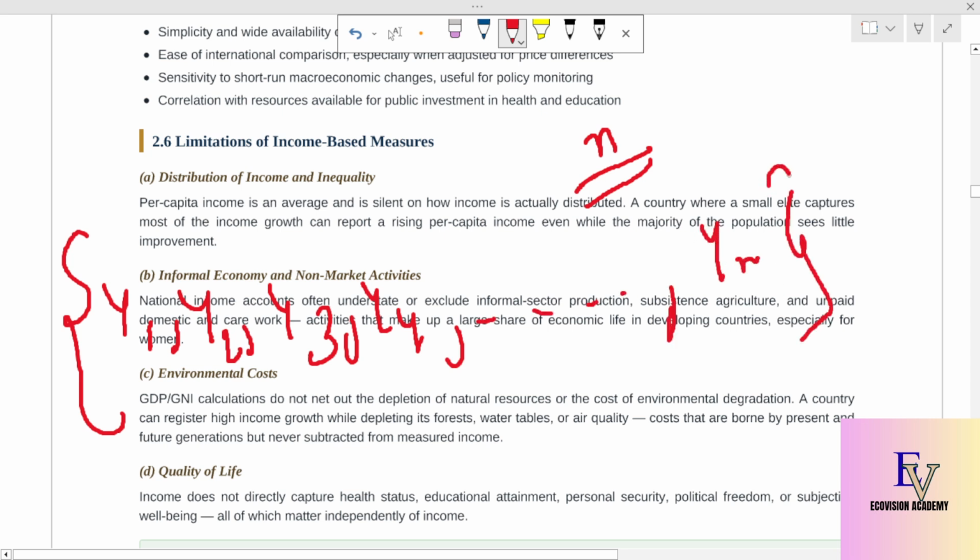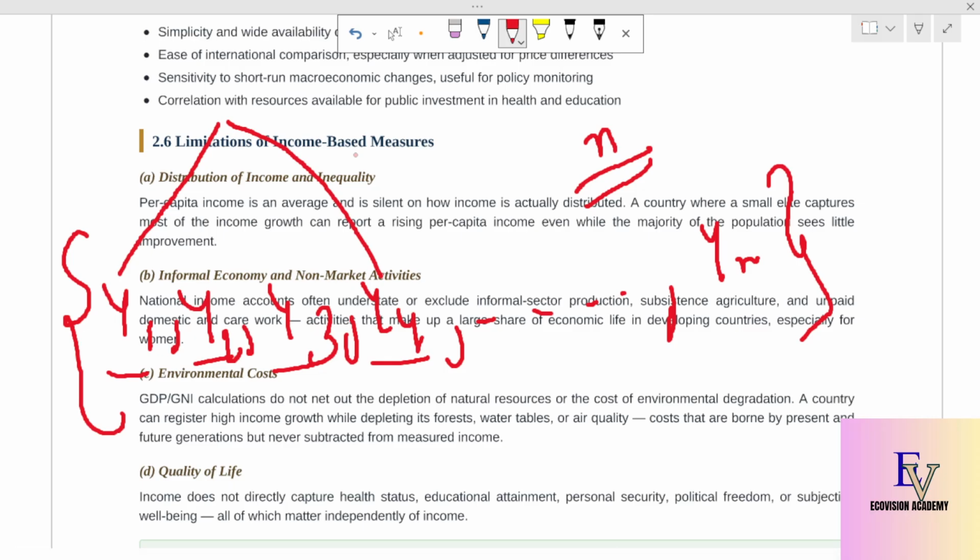If we get this data of the income of the people of that country, the most important problem is that there may be a huge inequality. Suppose there is a huge inequality between y1 and y4. Person 1 and person 4 may have a huge income gap between them. Suppose person 1 has an income of rupees 100 and person 4 has an income of rupees 1 lakh. There may be a very huge difference between these two people.